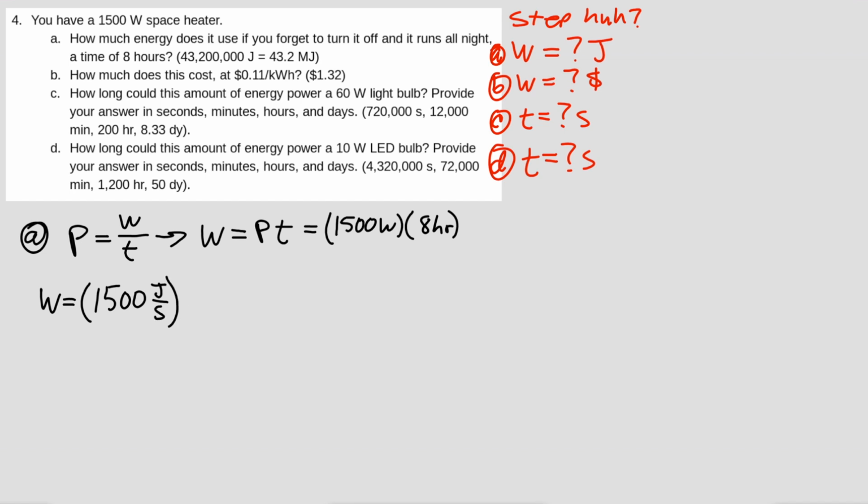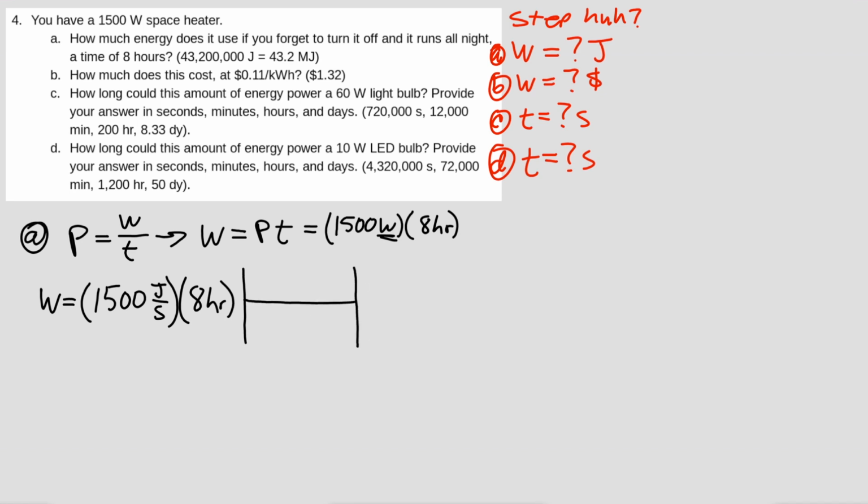So I just turned that W for watt right here into a joule per second, times 8 hours. And now to the field goal post. The problem here is my time is in hours, and I don't want that. I want my time in seconds so I can get it to cancel out with the per seconds in the 1,500 joules per second. So I need field goal post.